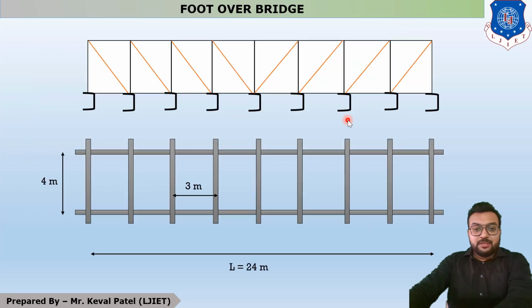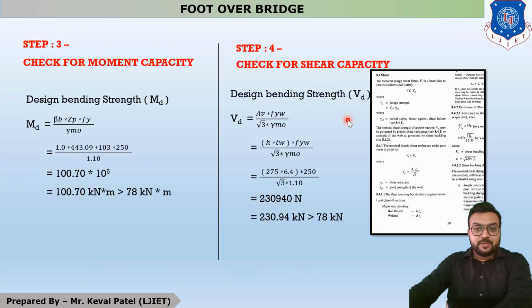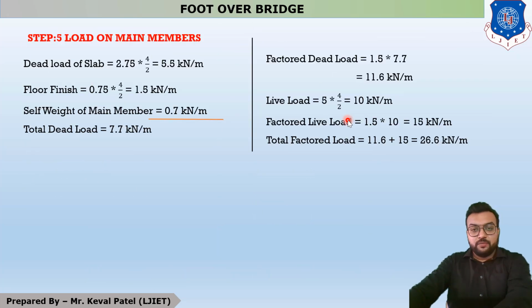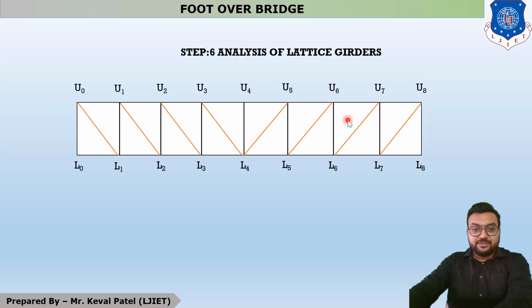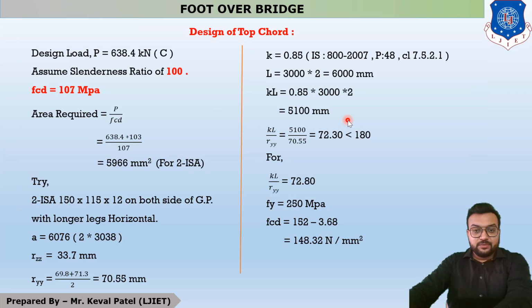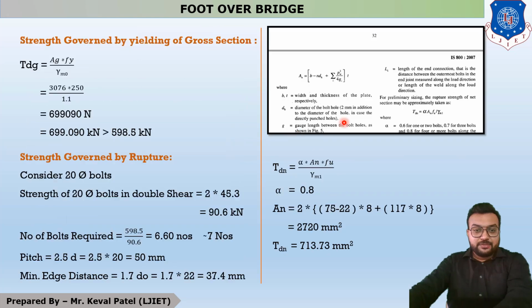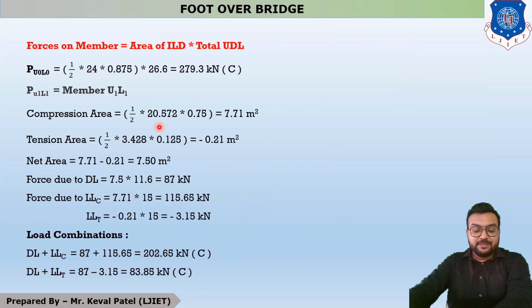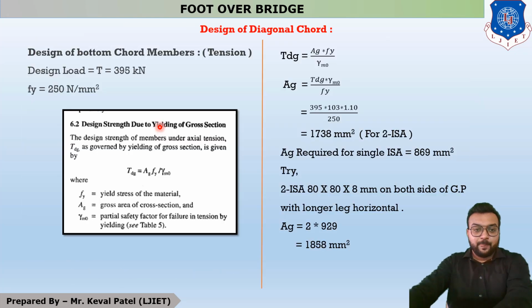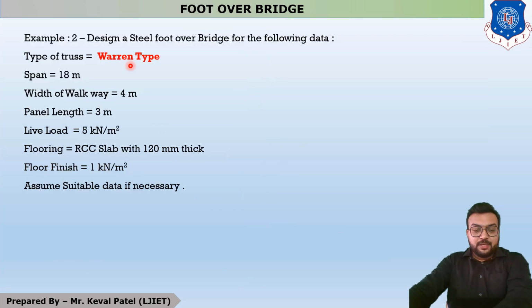In the last lecture of our example number 2, we covered up to section selection. You can see that our example's data is: design a steel foot over bridge for the following data.